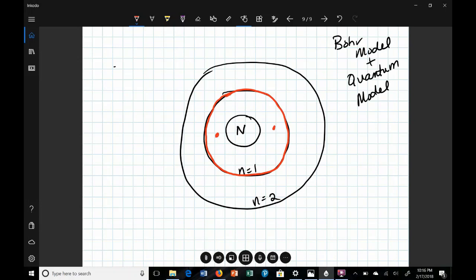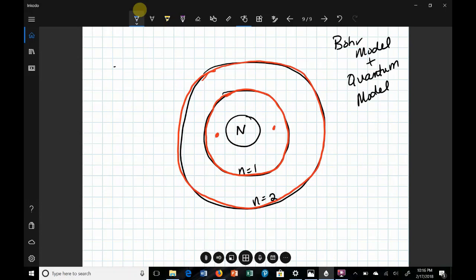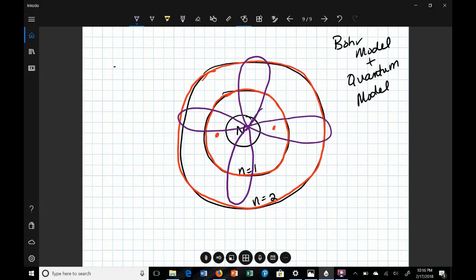If we go now to the second energy level, we have also an s energy level, but we also have our p energy levels. So they're dumbbell shaped, and we have 1, 2, and 3 in the x, y, and z axis.